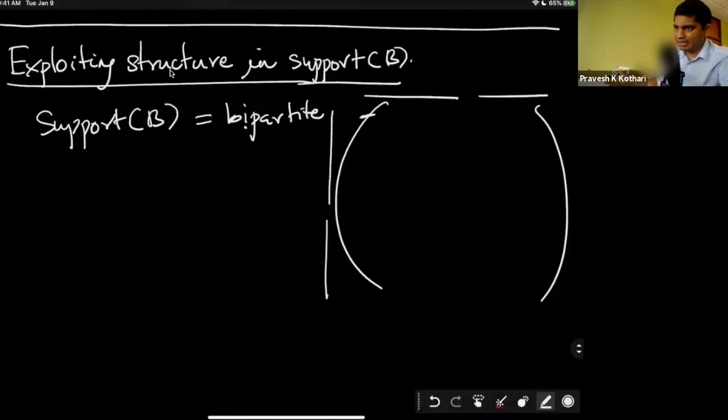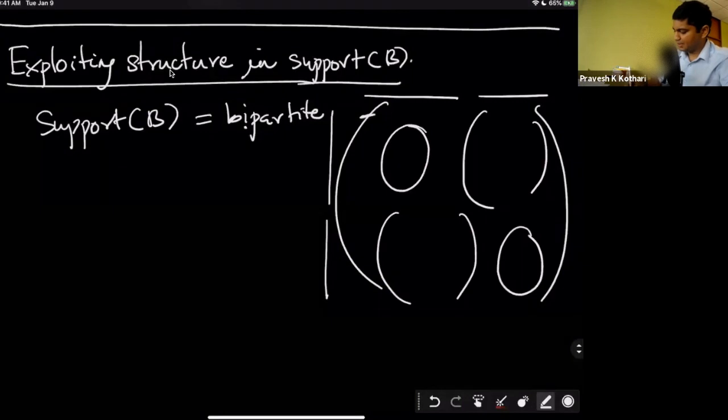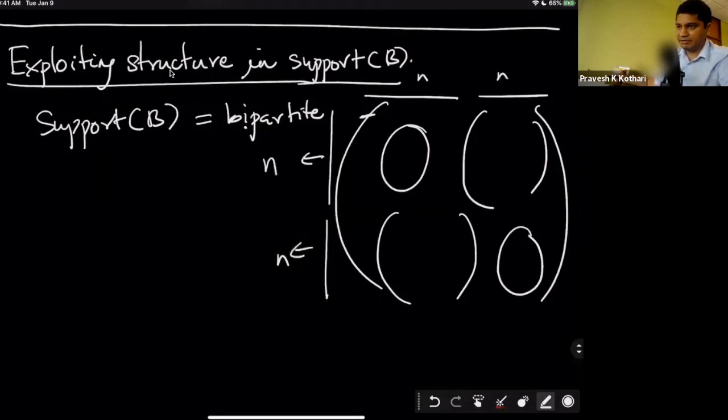This balance is not needed, it just saves me notation. Then the matrix must look like some non-zero matrix here, some non-zero matrix here, and these two blocks must be 0. These are of length n each. That's how the matrix B must look, right?